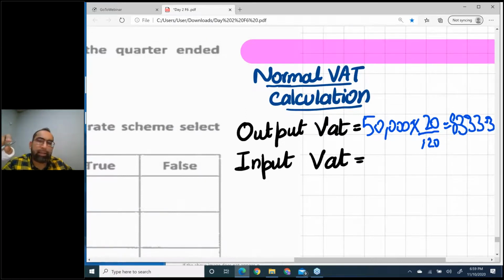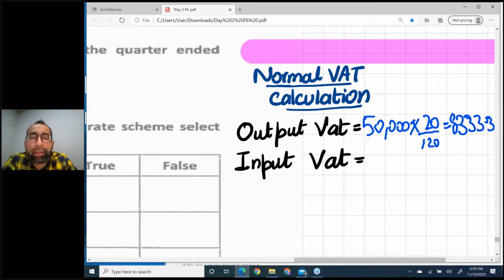And then tell me the standard rated expenses. How much was the standard rated expenses? It was 27,300. You can check. So in normal VAT return working, without the flat rate scheme, yes, we claim input VAT on standard rated expenses.